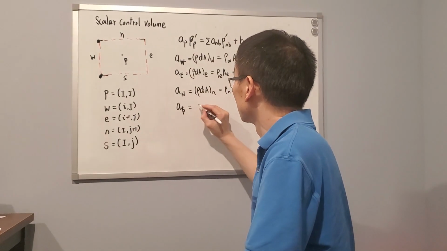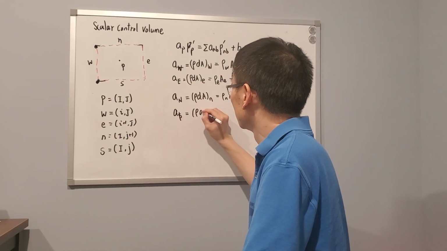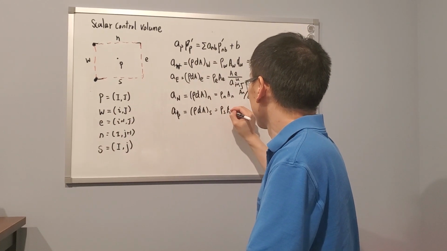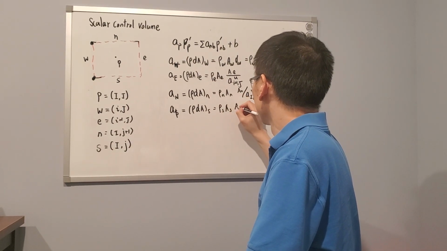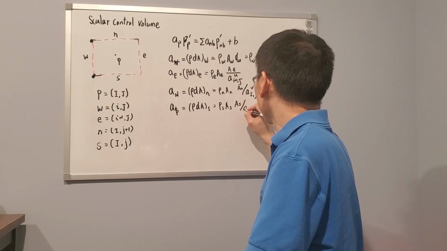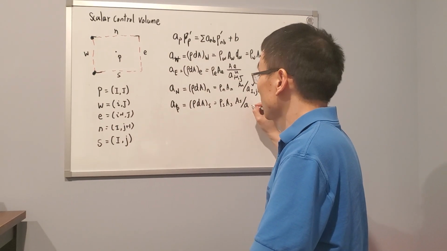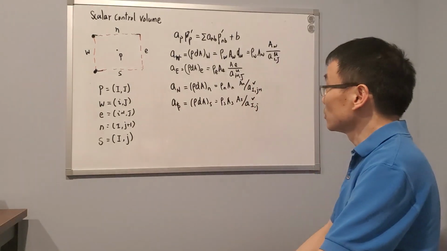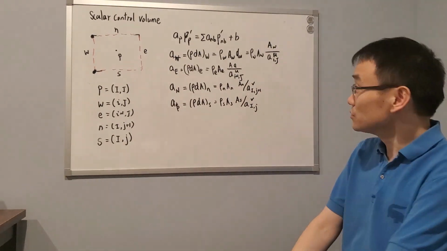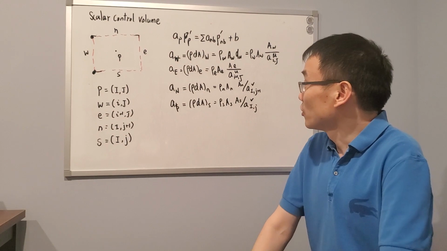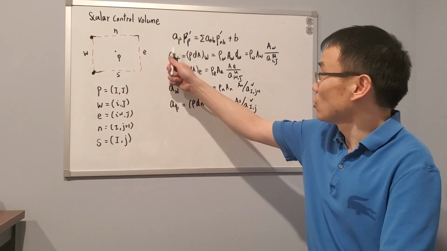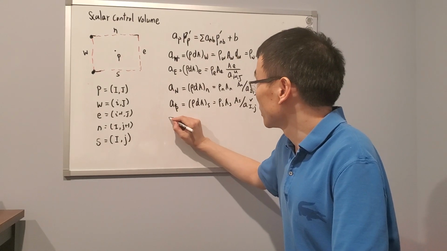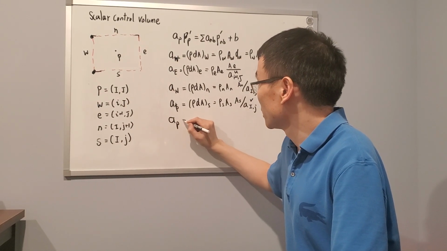AS is rho dA S, so rho S AS divided by A I j from the V momentum equation.